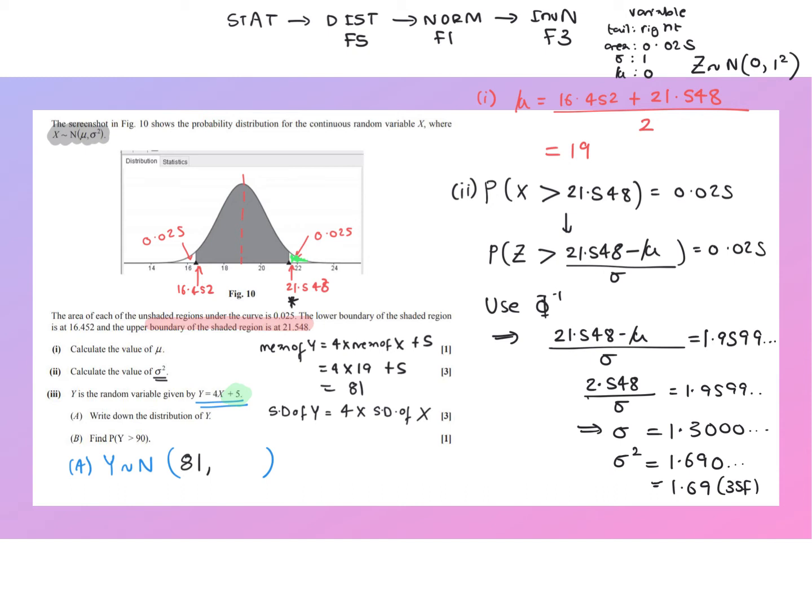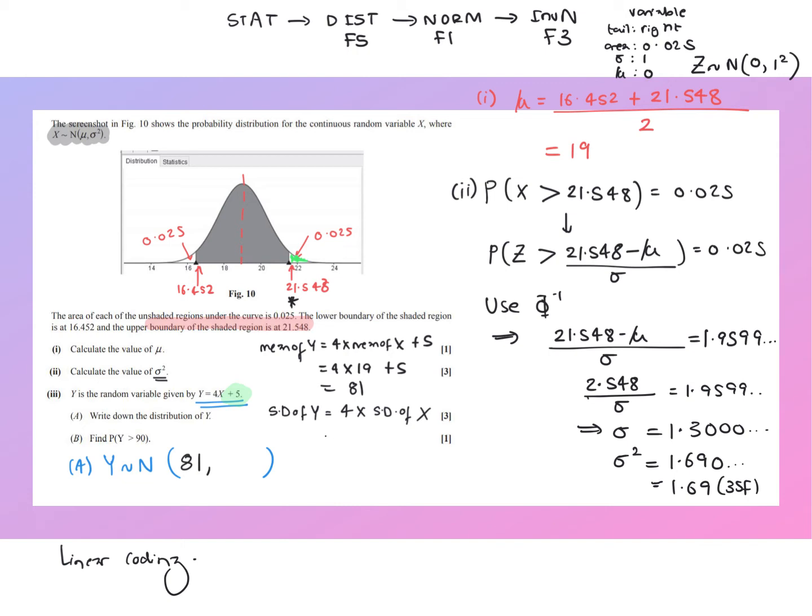So this question is all about linear coding and how you can code a variable to turn it into a new variable, and how this affects the mean and the standard deviation, and what the mean and standard deviation of the original value are compared to the mean and standard deviation of the new variable.